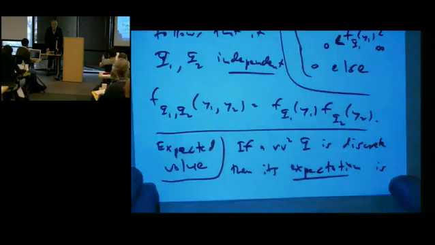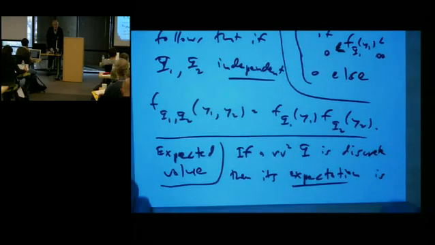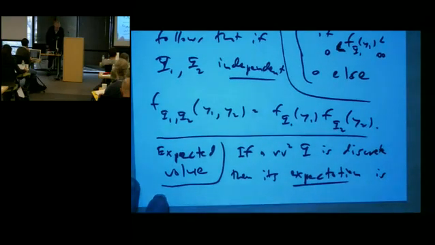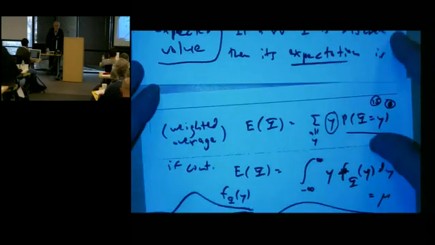Now, expected value. You were mentioning, I think, that essentially Mr. Bayes was defining probabilities through expected values. So if a real valued random variable is discrete, then its expectation, otherwise known as its mean, is just a weighted average.